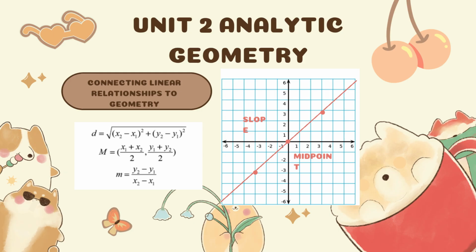One important concept is slope, which measures the steepness and direction of a line. Midpoints help locate the center between two points, while the distance formula calculates the exact distance between locations. This unit is important because it connects algebraic calculations to visual representations.